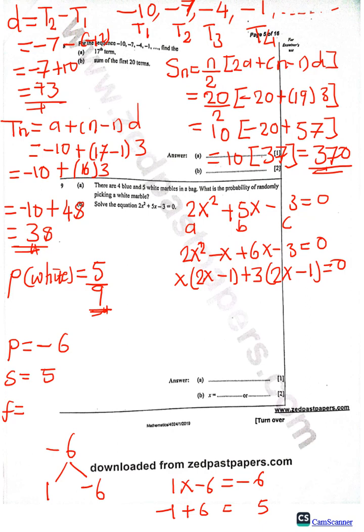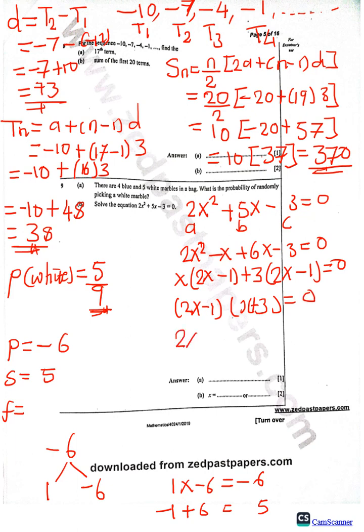So we can see that 2x minus 1 is common. So we'll say 2x minus 1. Then x plus 3 will form a new bracket. Then we equate each to 0.